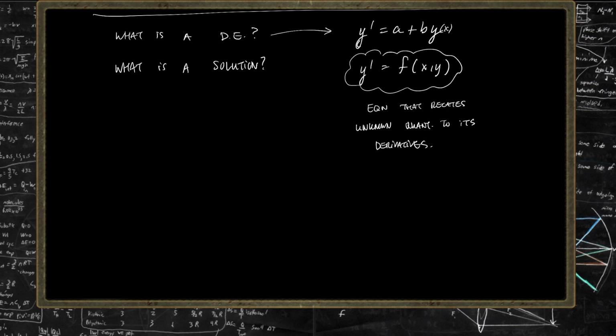Second derivative, third derivative, and so on. We won't be messing with much stuff beyond the second derivative, maybe with a few examples just to show that we can do it. But outside of the second order derivative, there's very few applications that would matter. So it's an equation that relates an unknown quantity to its derivatives, or a function to its own derivatives.